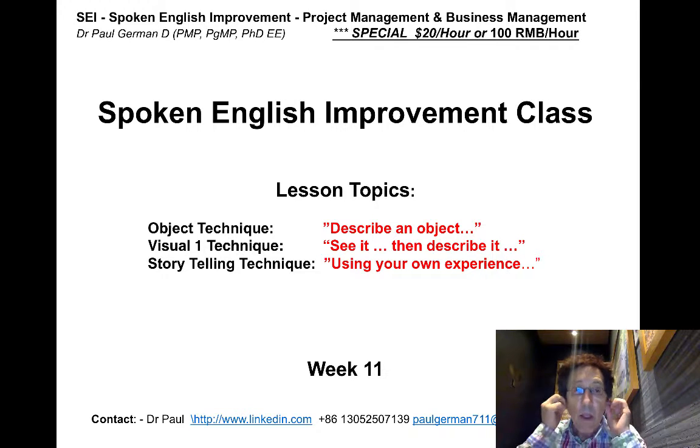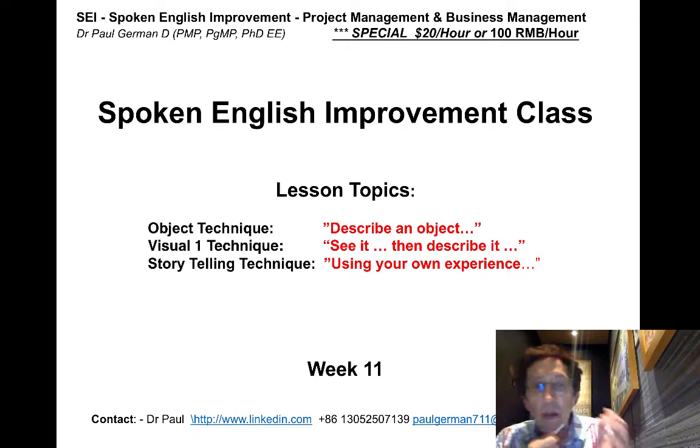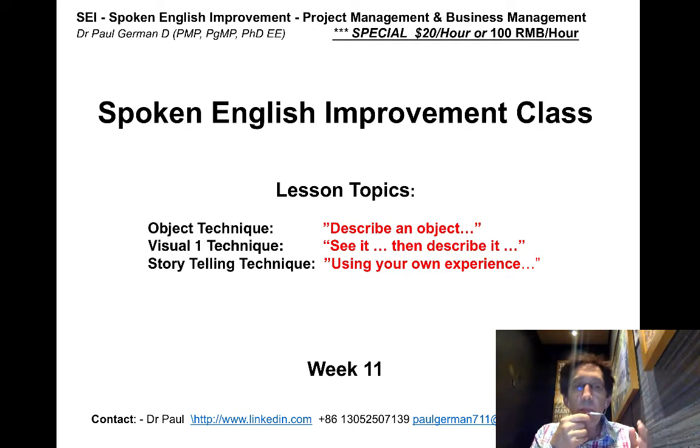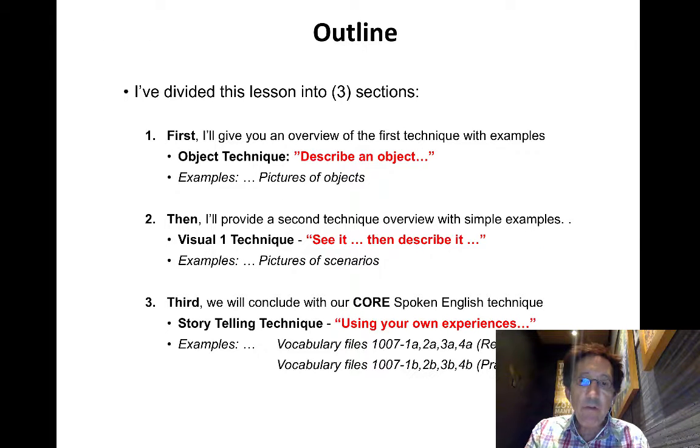Okay, I just sent you a PDF, and what we're going to go over today are basically three techniques: the object technique, the visual technique, and the storytelling technique, which is our core practice. On page 2, I defined our structure.